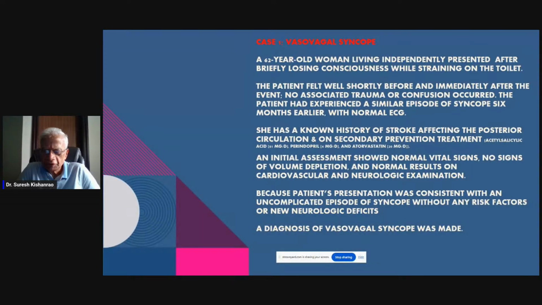Since the presentation was consistent with an uncomplicated episode of syncope, without any risk factors or any neurological deficits, a diagnosis of vasovagal syncope was made.